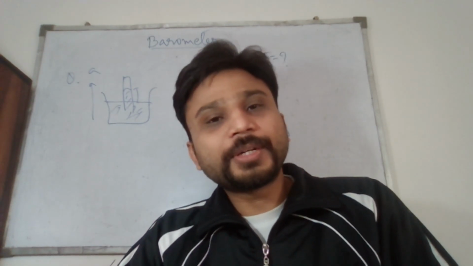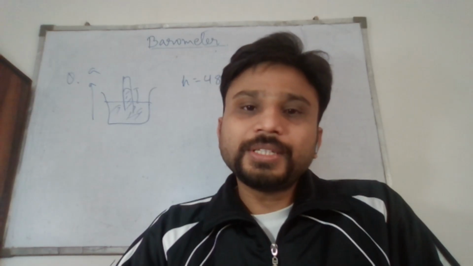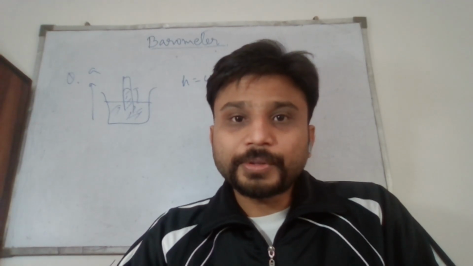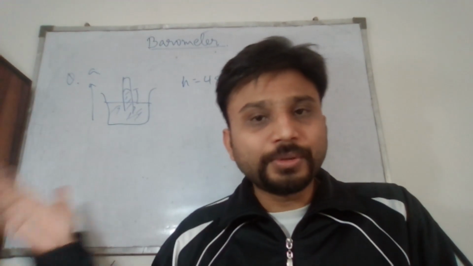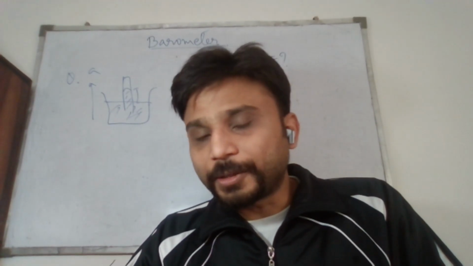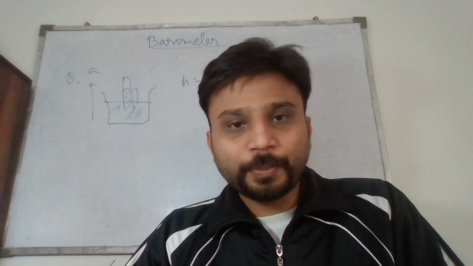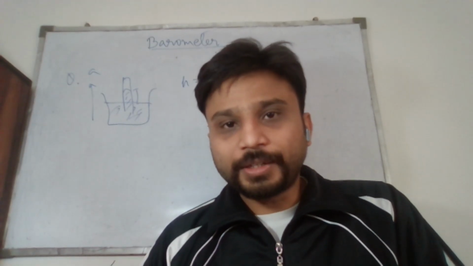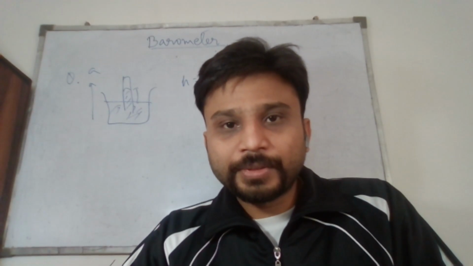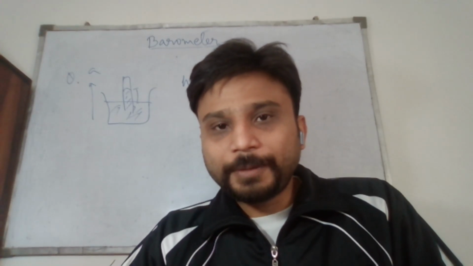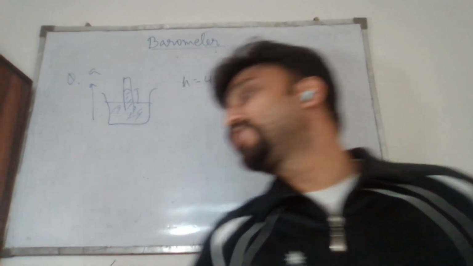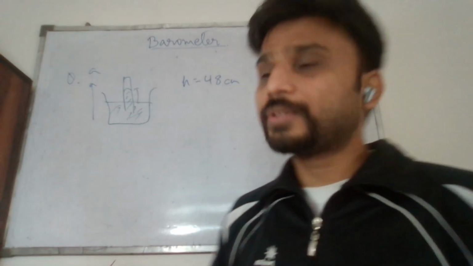The pressure is going to remain P naught only. G is going to change because in an accelerated fluid we add a term of acceleration A to the value of G so that it becomes the net acceleration. Density will remain the same and h is going to change.